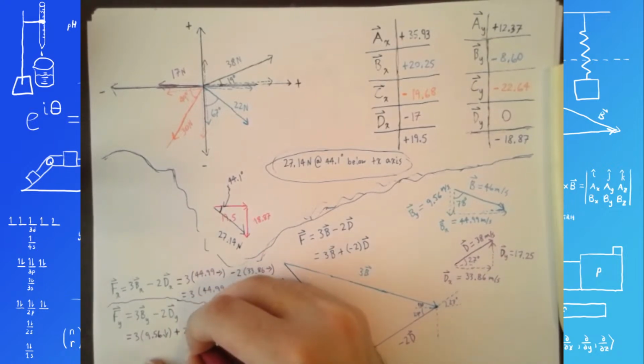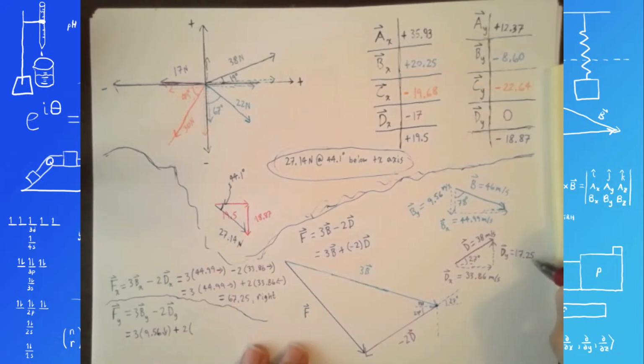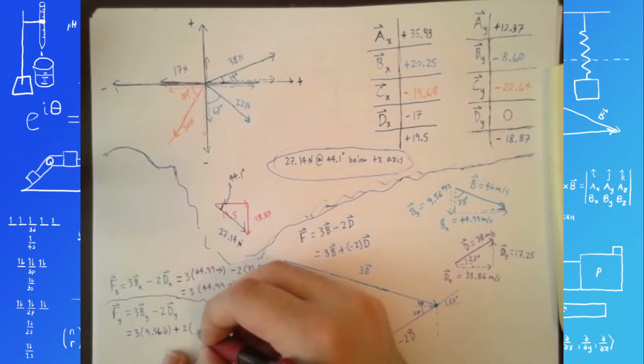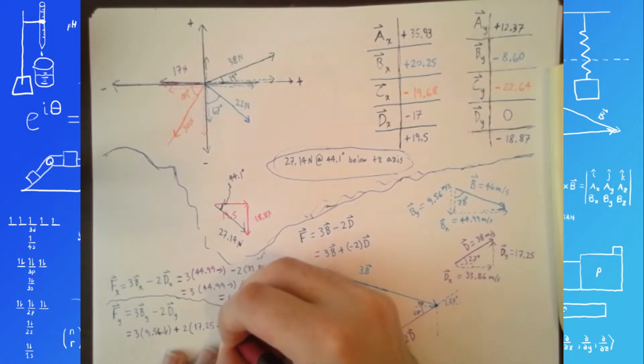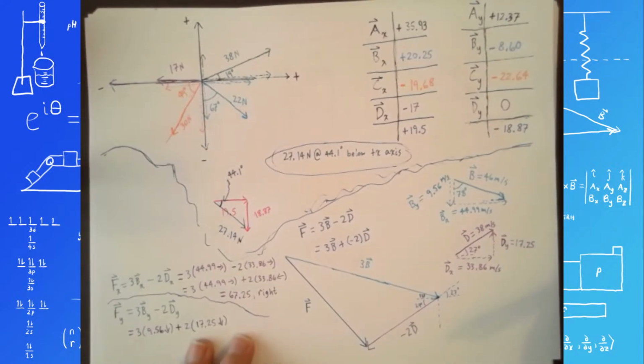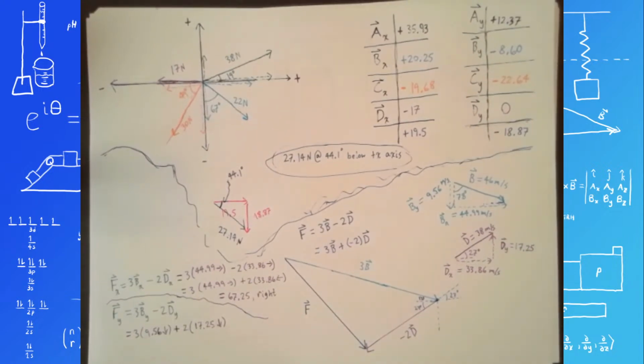And then 2, and then dy. dy is 17.25 up, but since there was a minus in front of it, I'll switch it to down. So it's plus 2 times 17.25 down. Okay, so now I've got down plus down, which is overall down, so I'm just going to add these directly. So I'm going to do 3 times 9.56 is 28.68, and 2 times 17.25 is 34.5 on the dot.